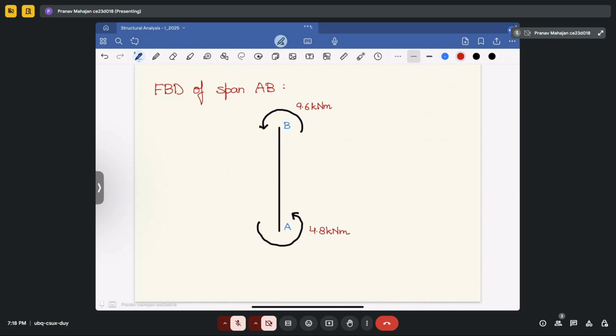Now what's remaining is the horizontal reaction. I have made it too big, let me draw it again. So this is your horizontal reaction HA.